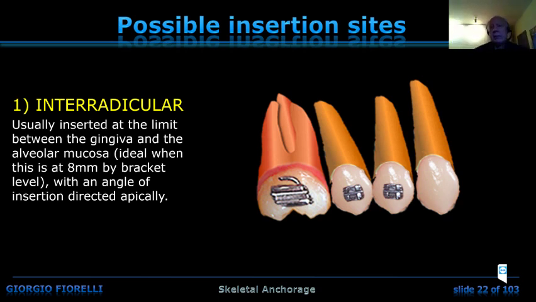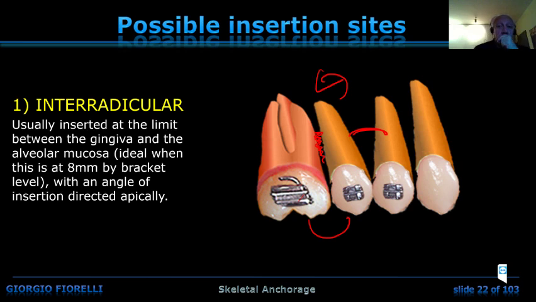But of course, sometimes you can have a problem like in this case. Here we have a second premolar which is inclined in this way, so the apex is to the distal, and the space is really too narrow to place a TAD here. So what do we do? Well, in most cases, you can consider that if this space is closed, this one is larger than usual.